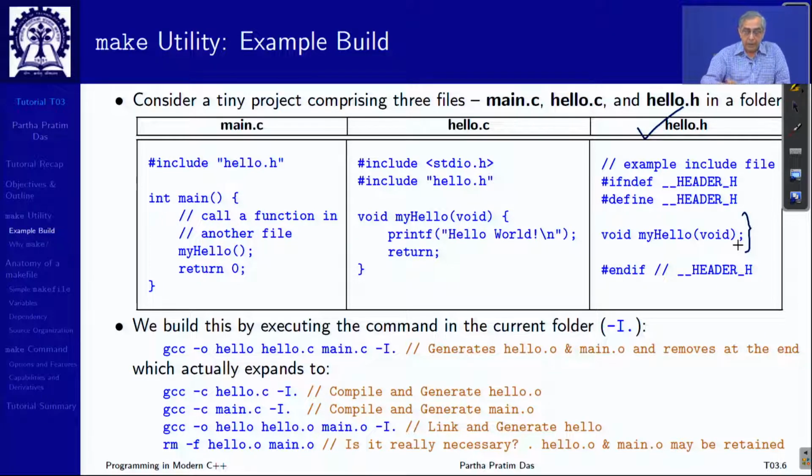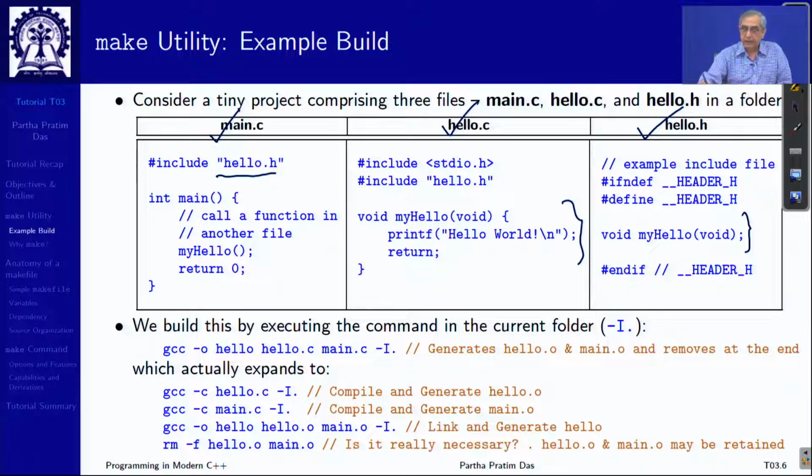Then we have hello.c which is the implementation of hello.h, which provides the body for that my hello function. And finally, we have the application file main.c which calls my hello as it finds in the hello.h header. So, application file, source file and header file, the three components of the project are here.